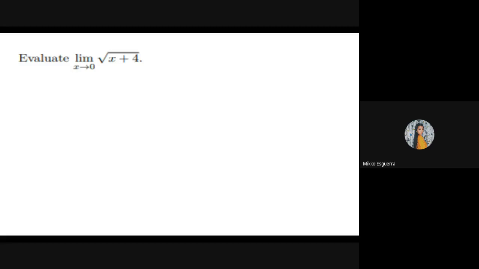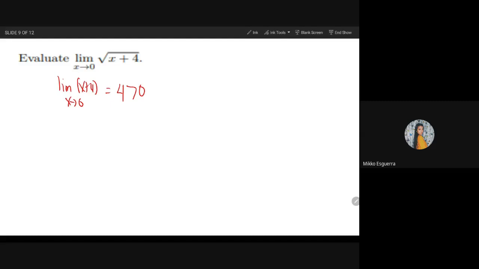Because it's not defined when the value of x plus 4 is less than 0 because that is imaginary. Remember, limit of x plus 4 as x approaches to 0 will be defined when this will be, kasi this is equal to 4. Am I correct? It should be greater than 0. Mali. Again.